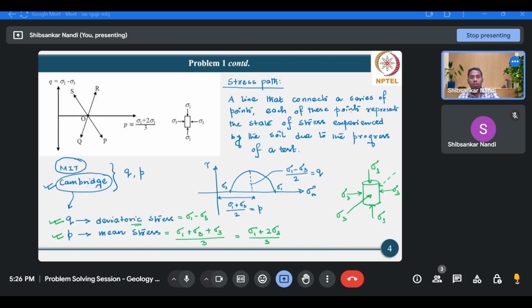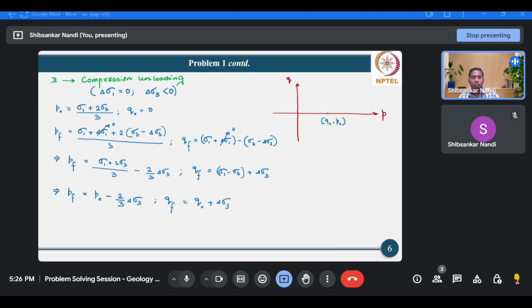Now it will basically move in this direction, and obviously with a different gradient as compared to the previous case.